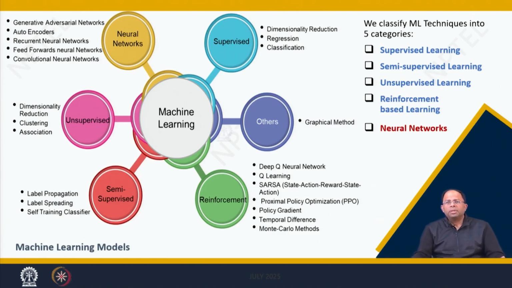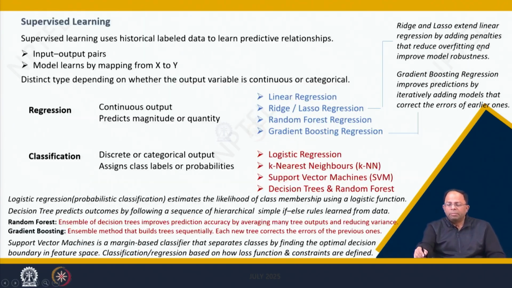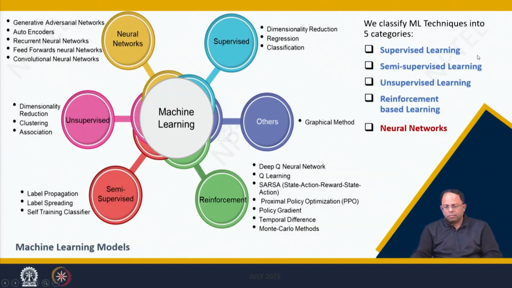So this is a visual representation of different kinds of models that come under these typologies. First of all, for this particular course we divide the machine learning techniques into 5 groups: supervised learning, semi-supervised learning, unsupervised learning, reinforcement learning, and then neural networks.